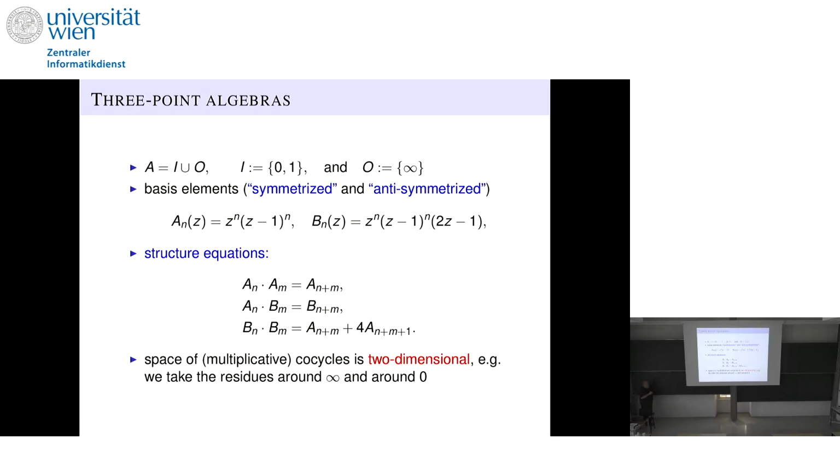These are not equivalent, these are different splittings. But by the conformal transformation, we have a certain automorphism of the algebra, which transforms one decomposition, one splitting, into the other one.